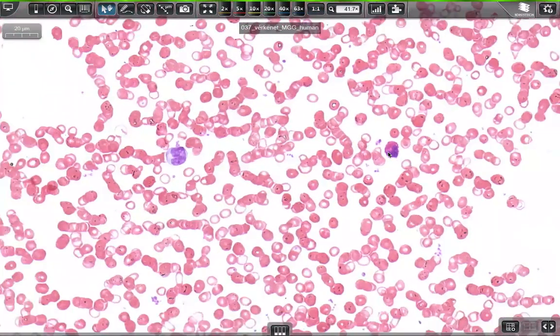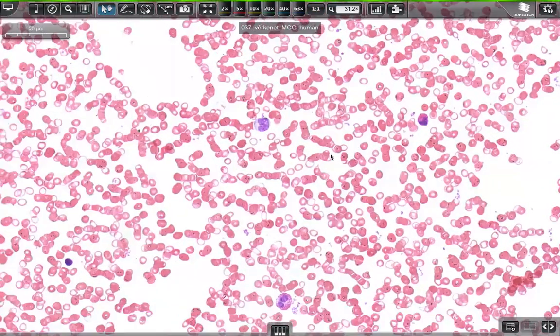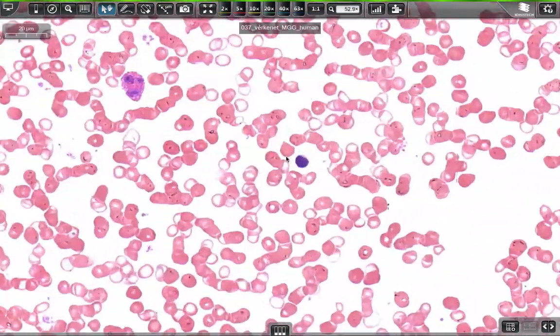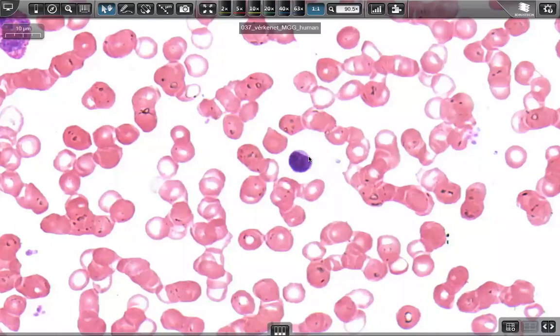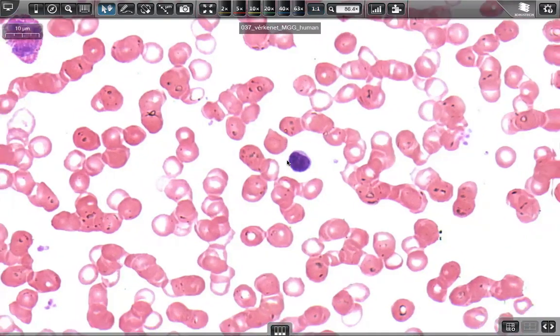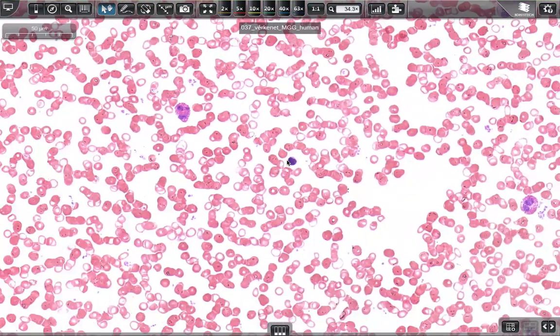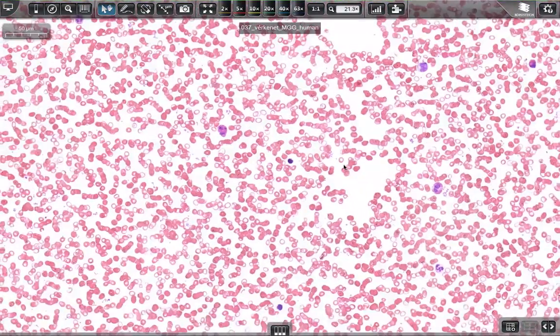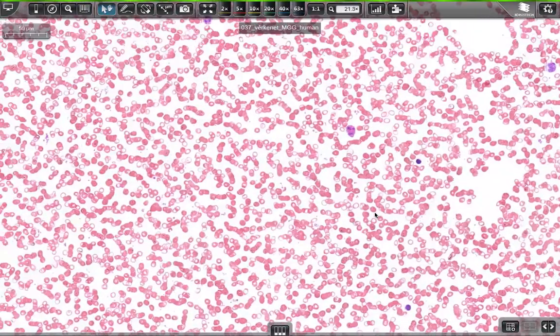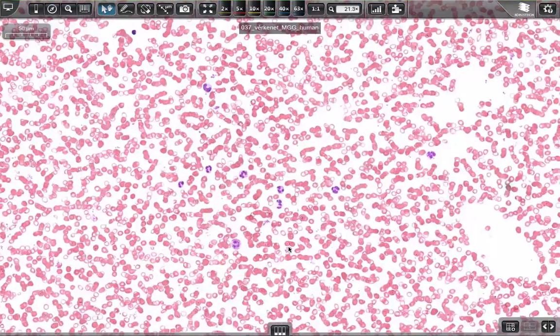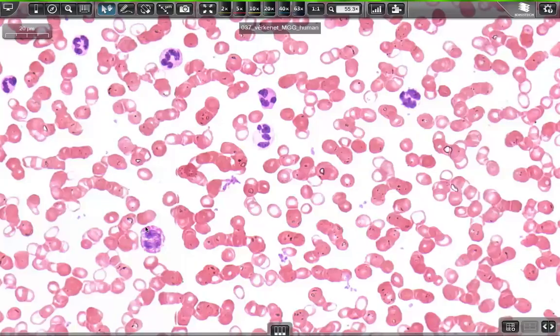Eosinophilic. Here we have a lymphocyte. Its size is really similar to the size of RBCs, but there is a huge nucleus and a thin rim of cytoplasm. So it's a lymphocyte. Now again, eosinophil.